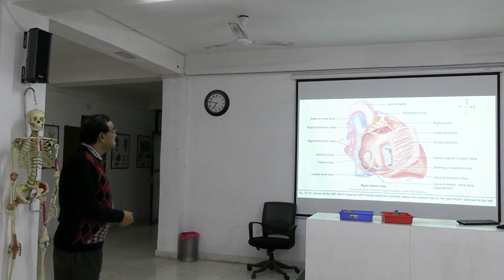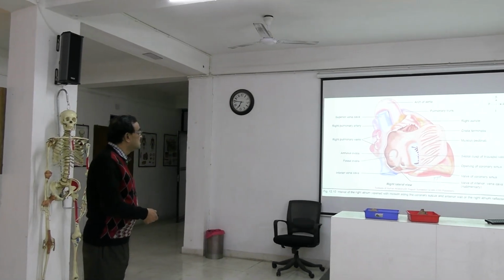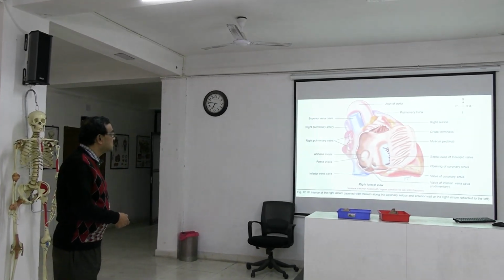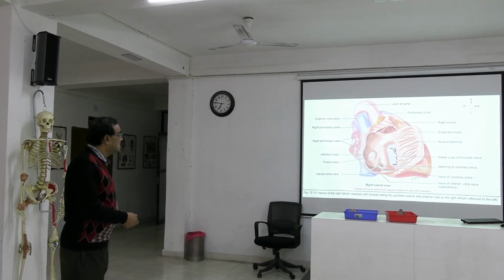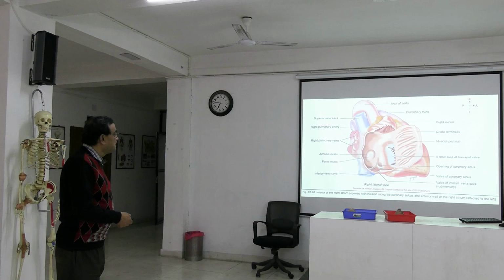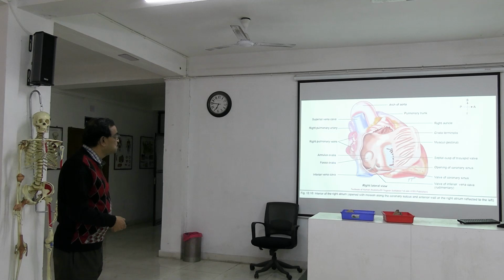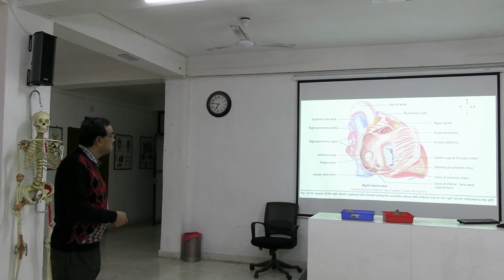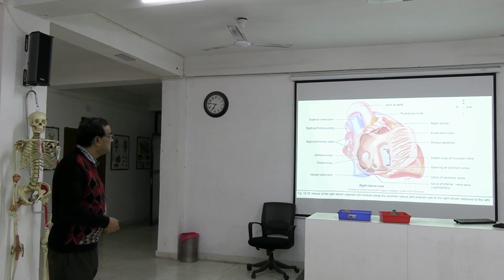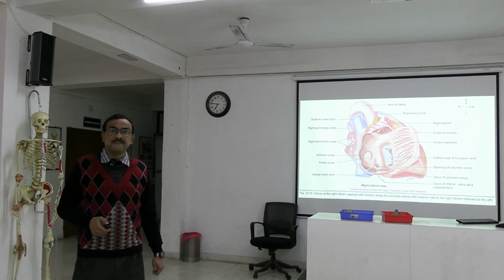So this is the fossa ovalis, and this is the limbus fossa ovalis. This is the interior of the right atrium. So the interior of the right atrium has got an anterior rough part, a posterior smooth part, and this is the area looking on the right side of the interatrial septum.